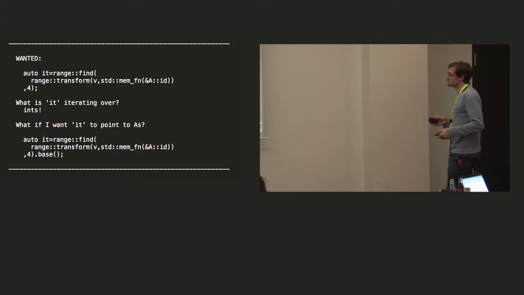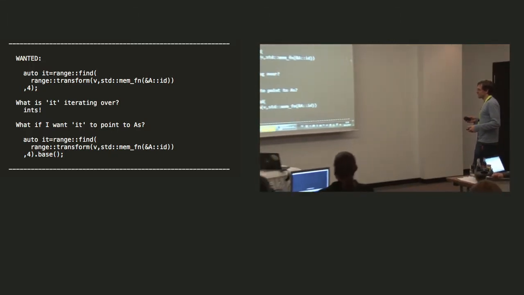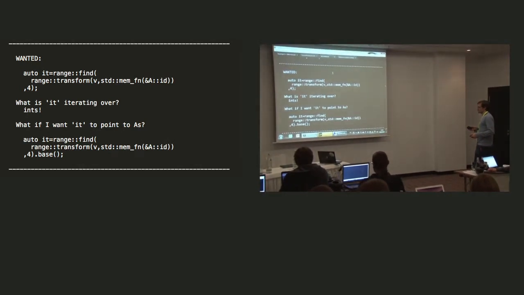Luckily, with all the nice range libraries out there, ours and boost range and whatever, we have this .base member of the iterators that come out of this range. So this range still knows, originally I was running over a vector of A's, I just transformed it, and I can get the original iterator back.